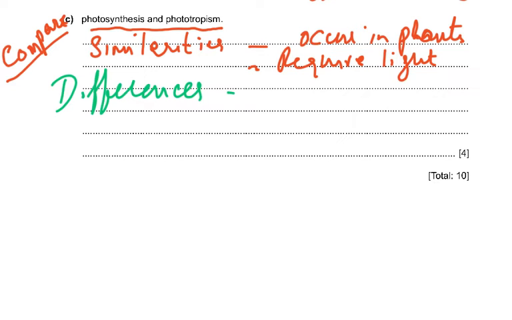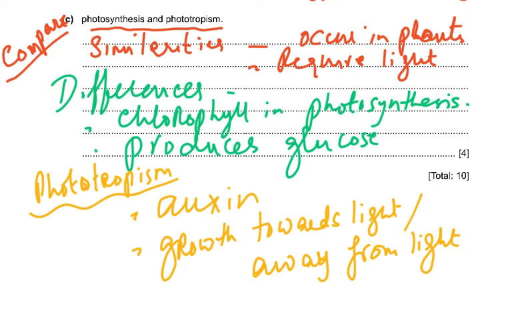In the roots it's away from light, in the stem it's towards light. So differences would be chlorophyll in photosynthesis produces glucose, 1 mark, 2 marks. And in phototropism, auxin is produced, and it results in different parts of the plant responding differently. Some respond by growing towards light, some respond by growing away from light.